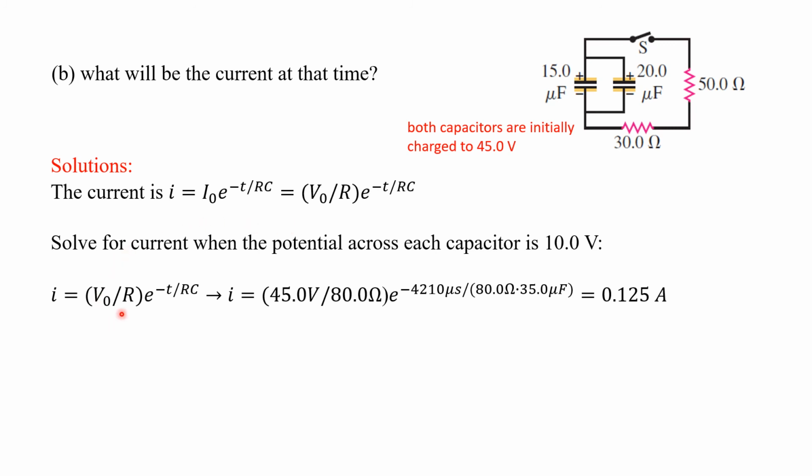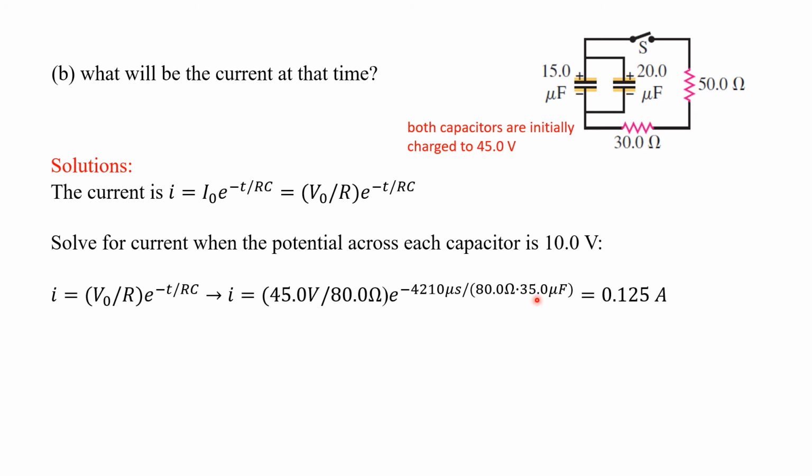So you just have your V naught over R E to the negative T over RC, that's equal to 45 volts divided by 80 ohms, times E to the negative 4,210 microseconds divided by this one here. So we can use microseconds because you have microfarads here, and this micro can just be cancelled by this micro here.